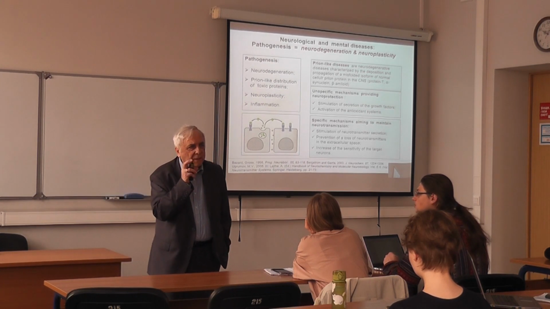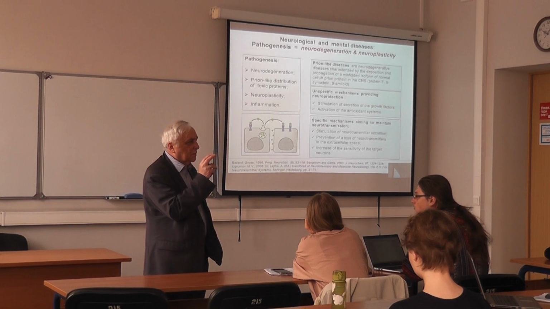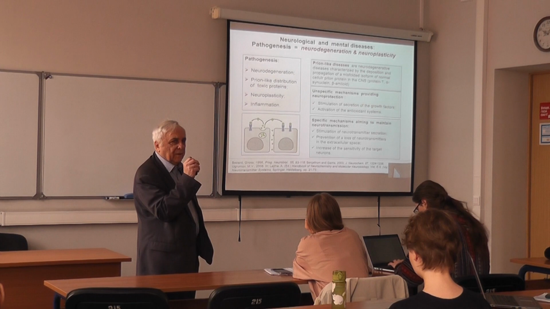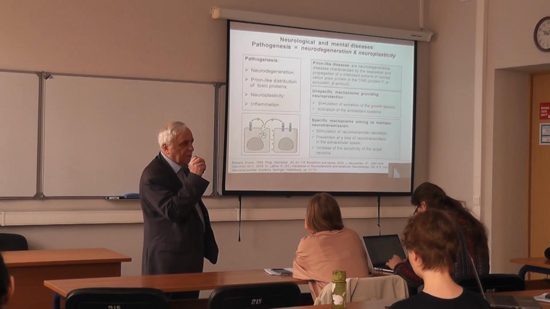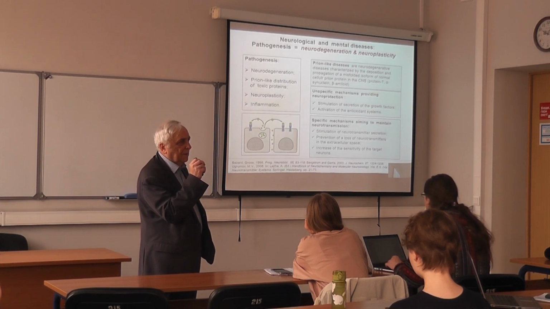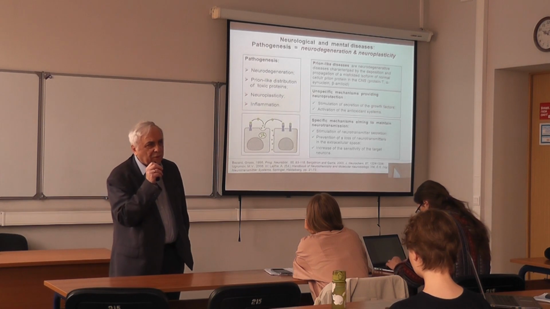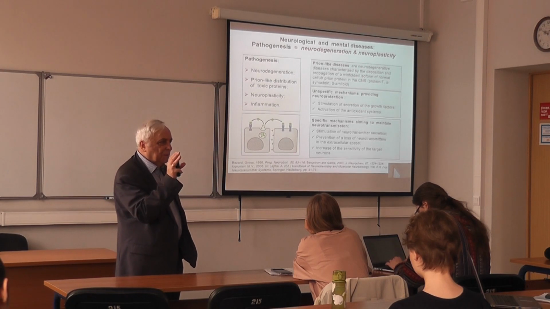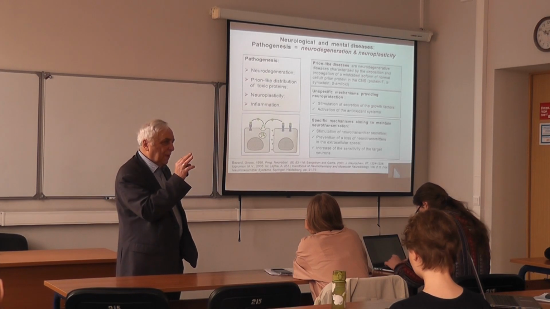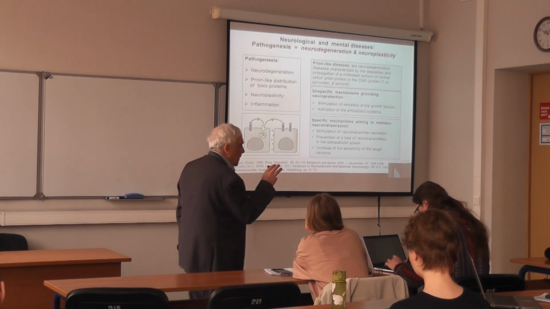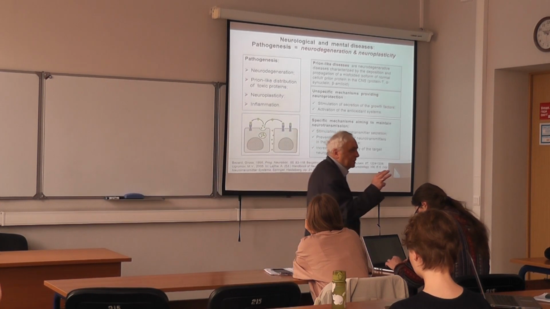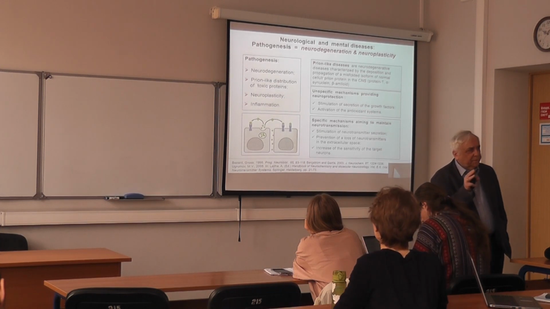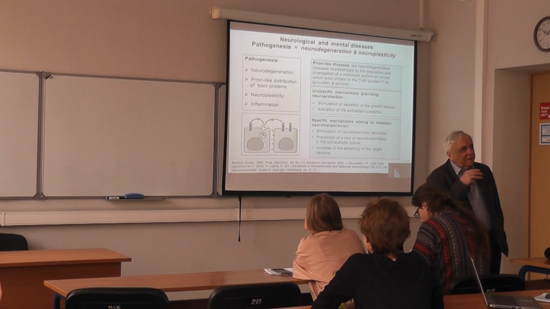It means that in some diseases, like Parkinson's disease or Alzheimer's disease, there is a production in some neurons of toxic proteins, like aggregated alpha-synuclein or beta-amyloid in Alzheimer's disease. Sure, there is a production in individual neurons. But these toxic proteins are released from these neurons, and they can be captured by the neighboring neurons, by the next neurons.